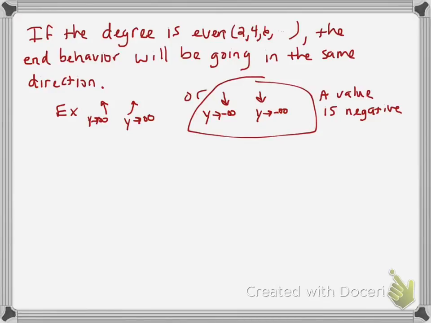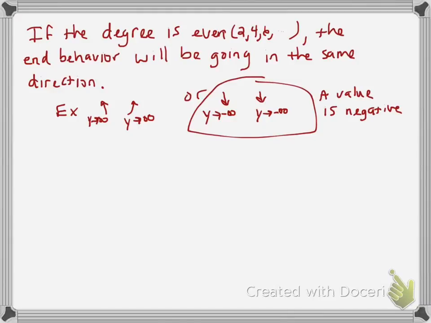It can stretch, it can compress, or it can flip. It can reflect over the x-axis. It's going to stretch if it's a 2, 3, 4, 5, 6. It's going to compress if it's 1/2, 1/3, 2/3, anything that's going to be less than 1. It's going to flip, it's going to reflect if it's negative. All right, so right now, a value positive, we're both going to positive infinity. Up, my a value is negative, we're both going to negative infinity.